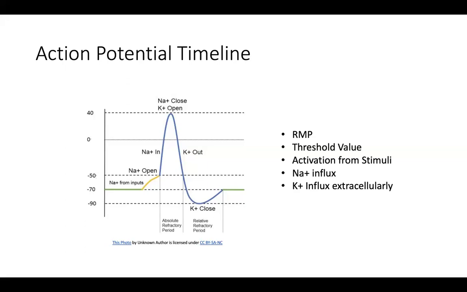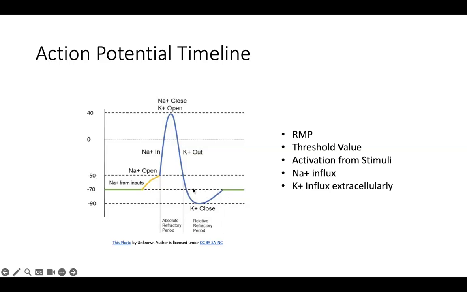And as these potassium ions move out, the axon or that cell membrane begins to repolarize back to that normal negative 70 millivolts for that resting membrane potential. This is the repolarization where all of these positively charged potassiums are exiting the cell, and we're equalizing this back down to the resting membrane potential.